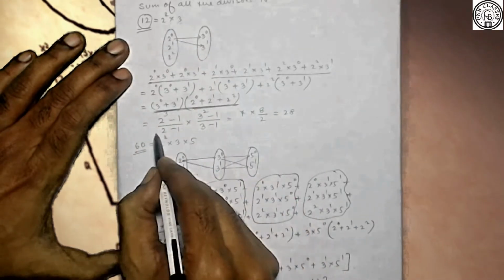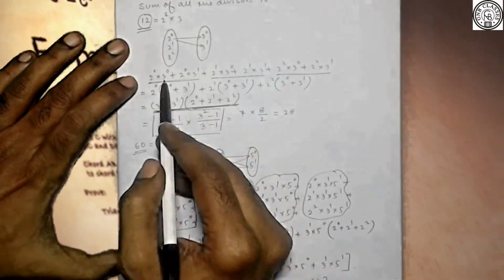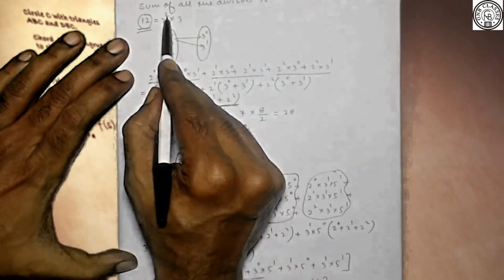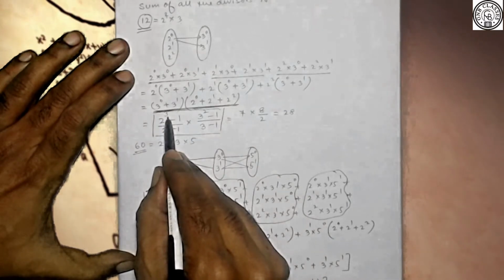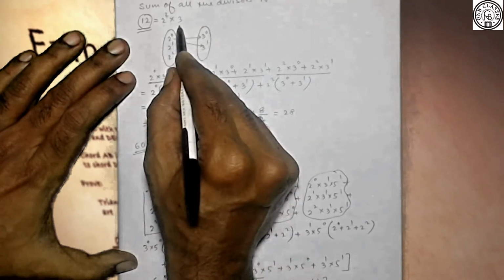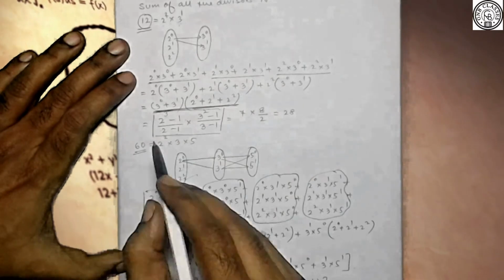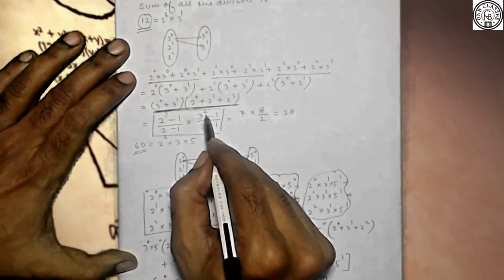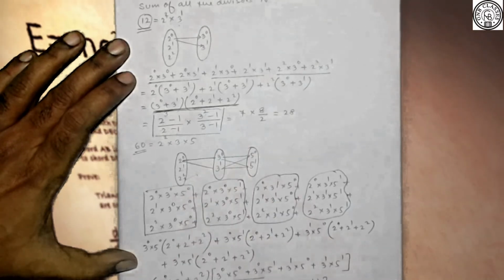My final answer that I wrote in this form is like, you see, here the power is 2, so I wrote 2 cube, that is 2 plus 1, minus 1, over 2 minus 1, into, the prime is 3 and the exponent is 1, so I wrote 3 square, that is 3 to the power 1 plus 1, minus 1, by 3 minus 1. Is it clear?